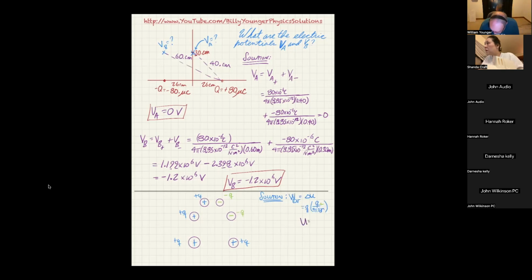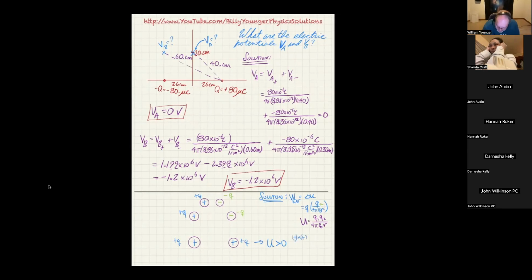U is equal to Q1 Q2 over 4 pi epsilon naught times R. So we see by looking at this that this one has two positive charges. So U is going to be greater than 0 because it's positive times a positive, right?